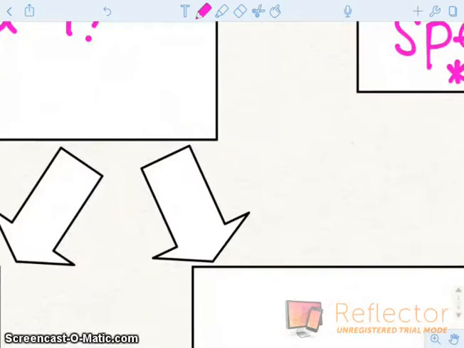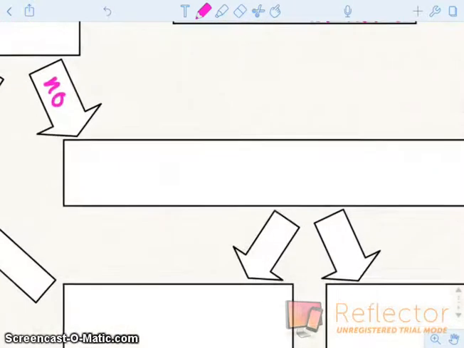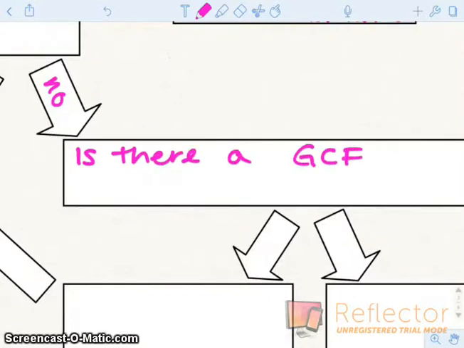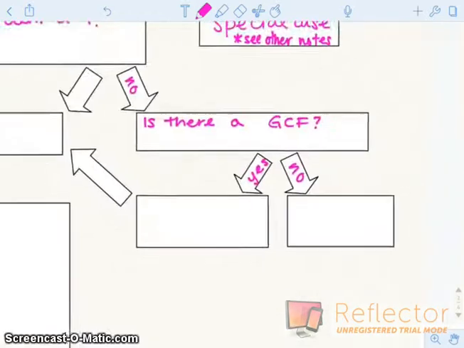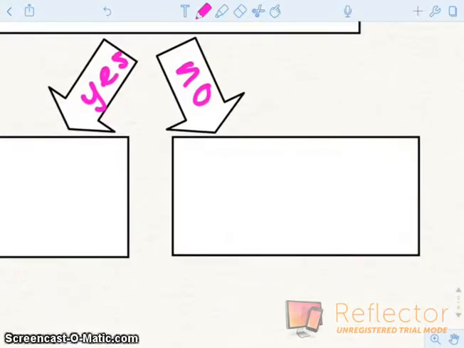So if our answer is no, I say, is there a GCF? Yes, no, those are my options. If there's not, it's a special case. We're going to deal with that later.